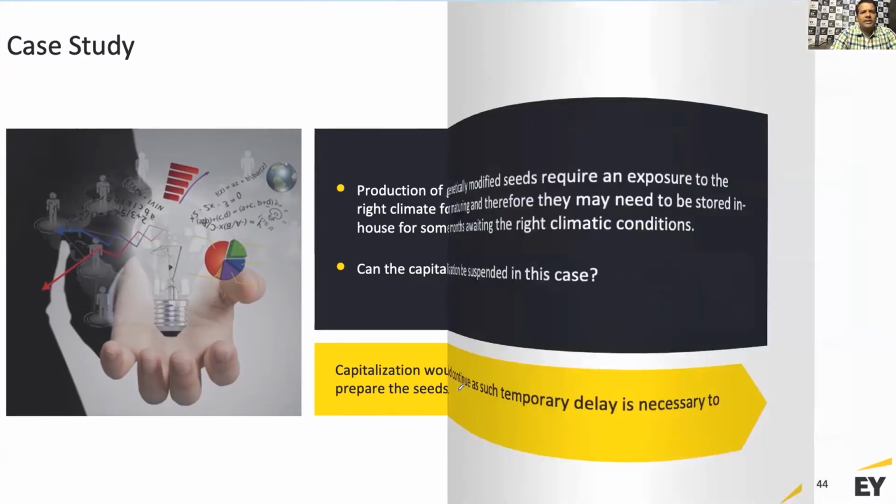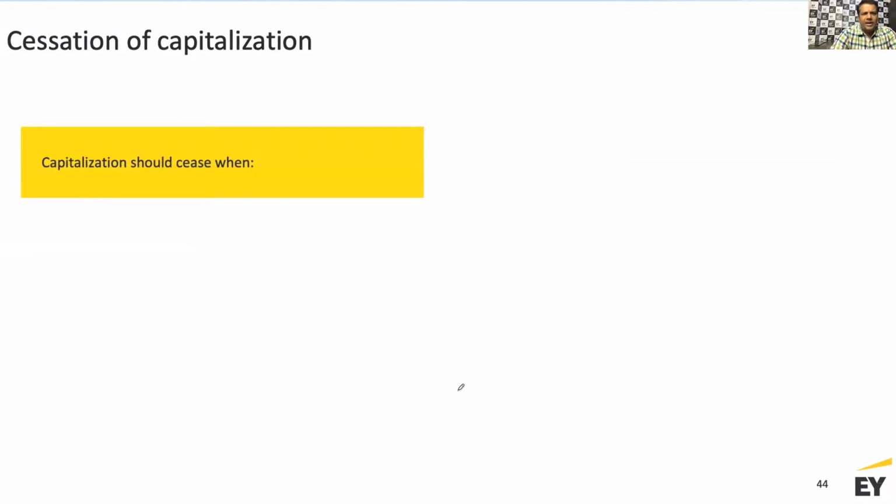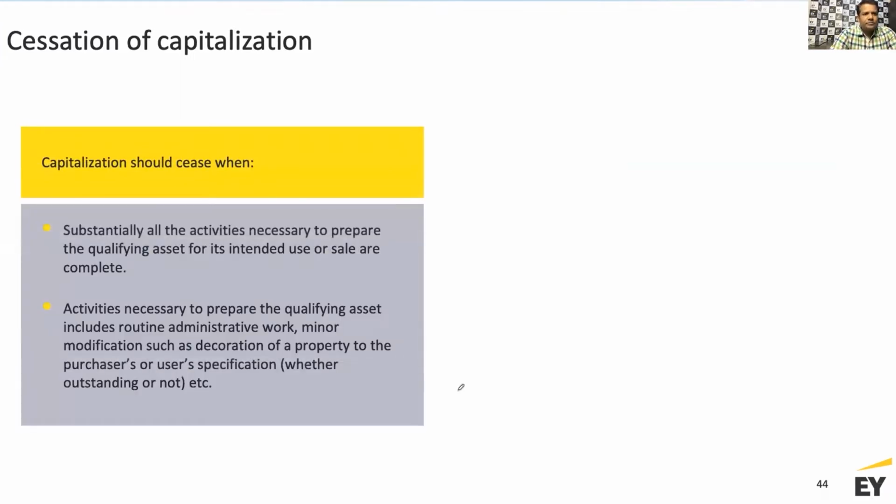Let's look at the scenarios where we may need to stop doing the capitalization. Capitalization should cease when substantially all the activities which are necessary to prepare the qualifying asset for its intended use or sale are complete. So when do you stop doing the capitalization? When substantially you've completed the asset. The asset is now ready to be used, ready to use, not put to use.